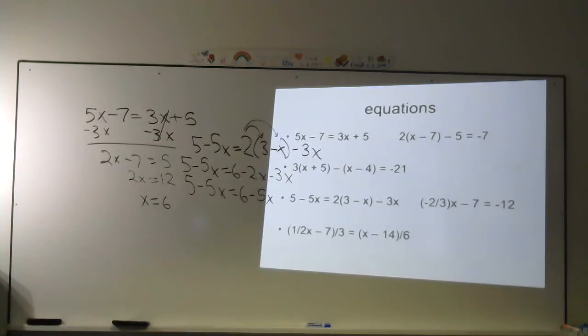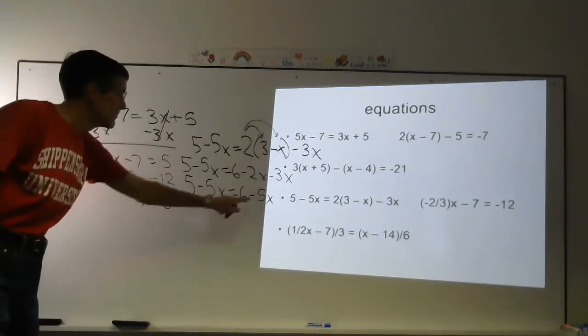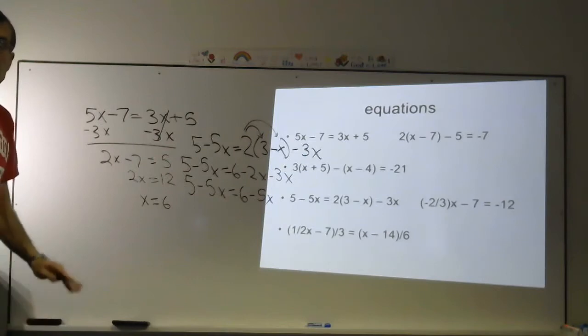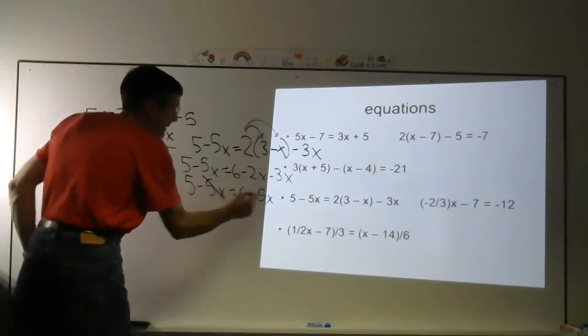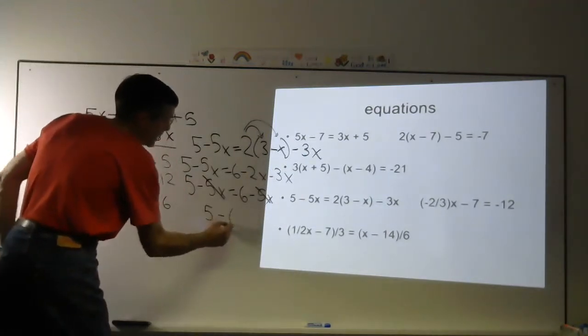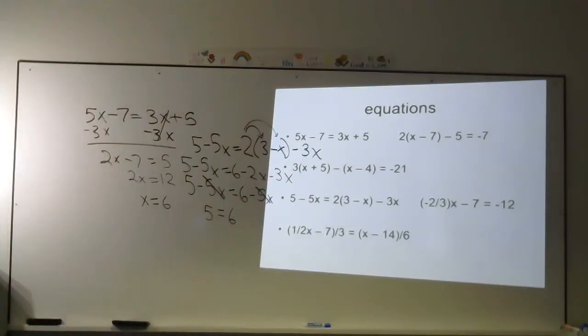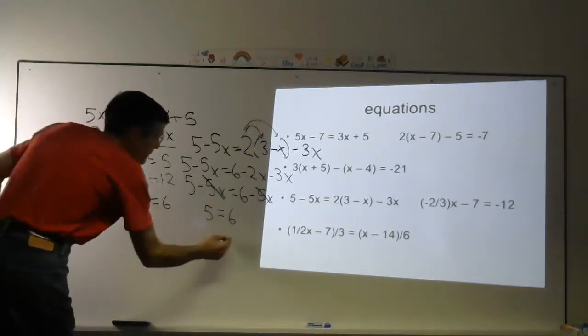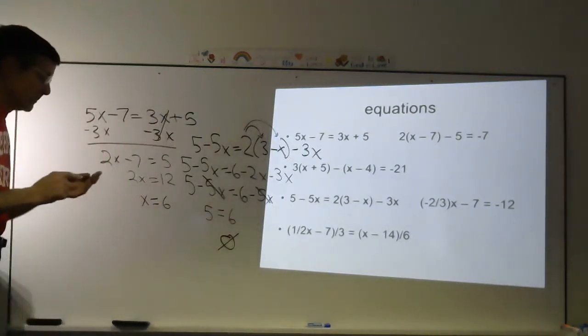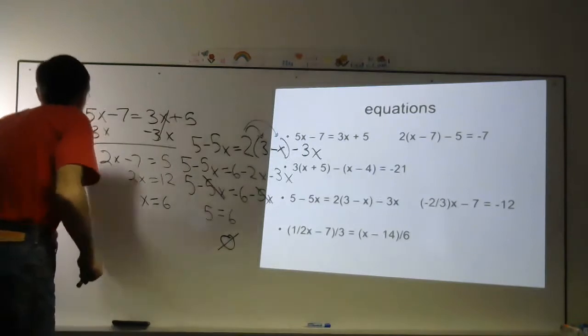How interesting. If I add 5x to both sides, the x's go away, and I'm left with 5 is equal to 6. And how often is that true? 5 equals 6? Never. Therefore, there is no answer to that particular problem.